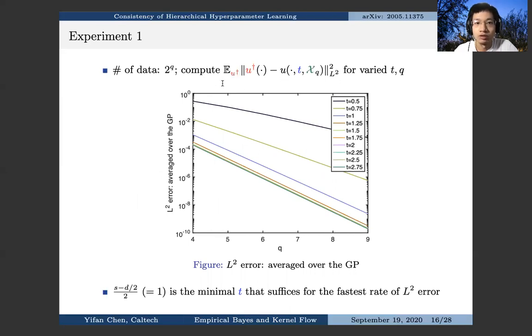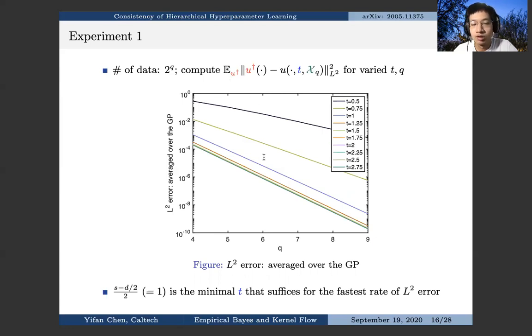And we compute this quantity for various t and q. The following is the output. The x-axis is the value of q, that means the logarithmic number of data. And the y-axis is the average L2 generalization error. For different t, we plot the tendency of the loss function with respect to q.